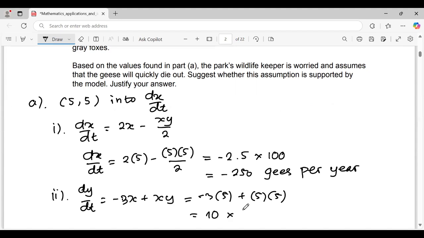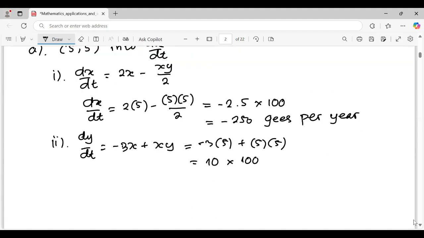So multiply by 100. Okay, I'm going to scroll down first. And it is 1,000 foxes yearly.